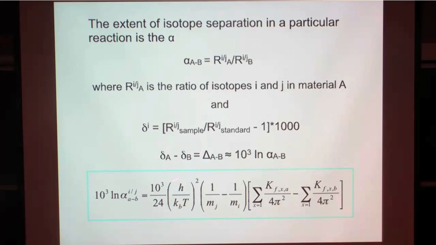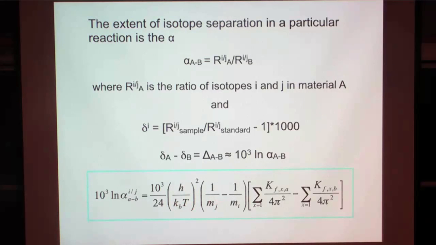When you subtract two little delta values, you end up with this fractionation. This is called the big delta, and the big delta is just the difference of the little deltas of two minerals, or two phases. And this is the equation that I mentioned earlier that was developed by both Urey and Bigeleisen and Mayer. What you see is that the fractionation is a function of 1 over T squared. That's the important part, and a function of 1 over mass.